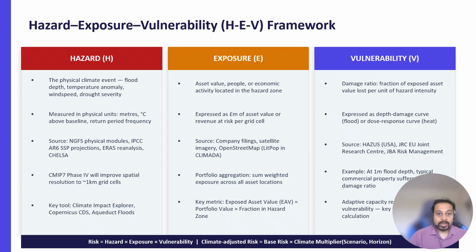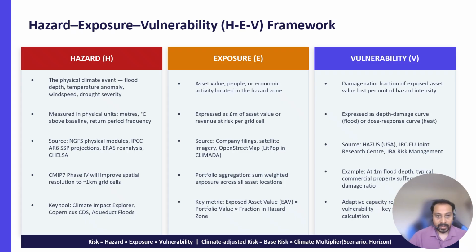They use some version of this framework, so let me make each component very concrete to understand why it is important and what it means. Hazard is what nature does. For flood risk, that's the depth of water above ground level at a specific location under a specific return period event. For heat stress, it's the number of days above a threshold temperature, like 35 degrees Celsius across Europe, and maybe more than 45 degrees Celsius in South Asia.